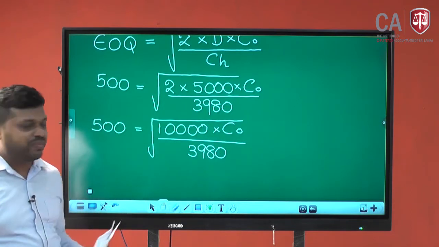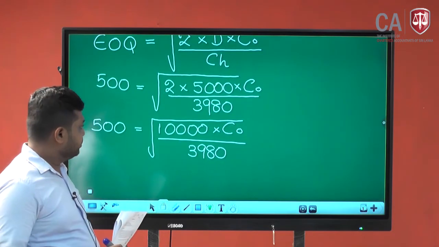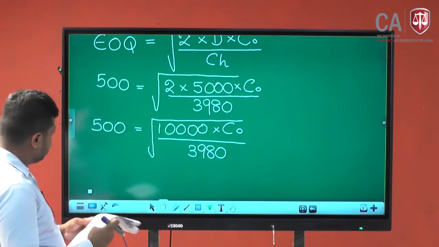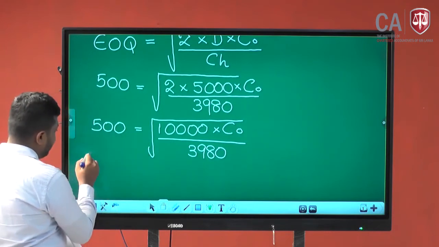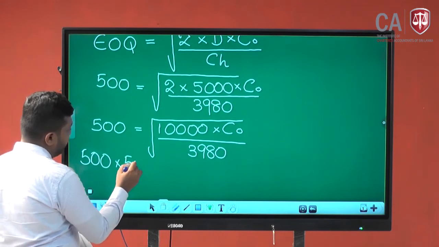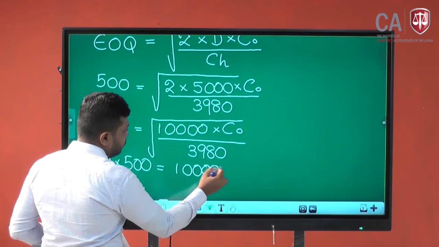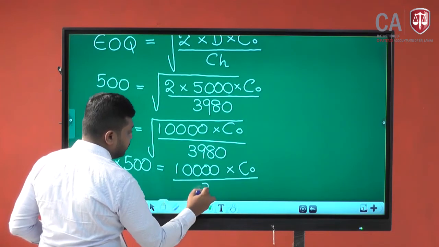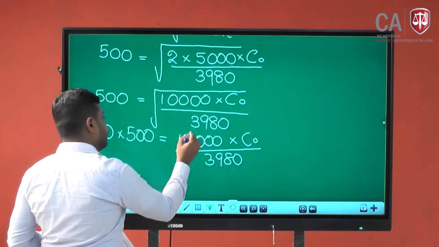Then you have to simplify it further. In order to remove the root, you have to square both sides. If you square it, the root will be removed. That means 500 into 500 on one side, equals 10,000 into cost of ordering divided by 3,980.